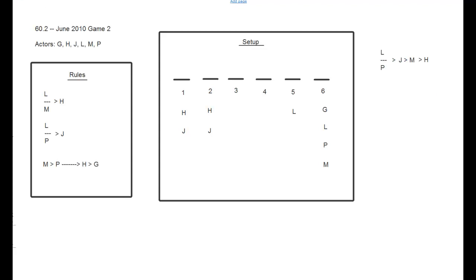We can just say that, look, the G is going to come somewhere before the H. Okay? So we know the G is going to come somewhere before the H. We don't know exactly where, but we just know it's going to come somewhere before the H.